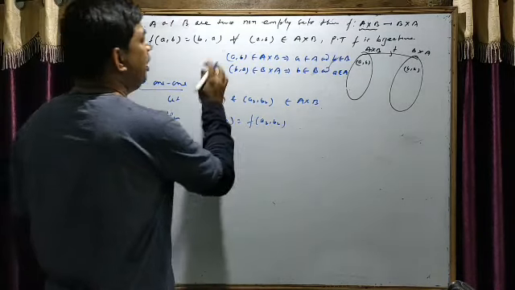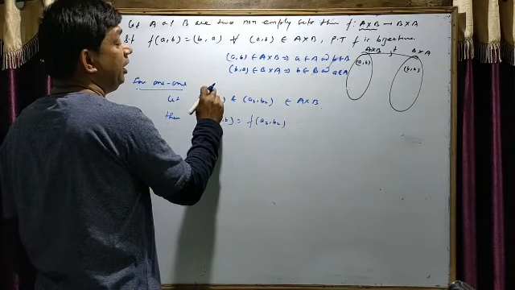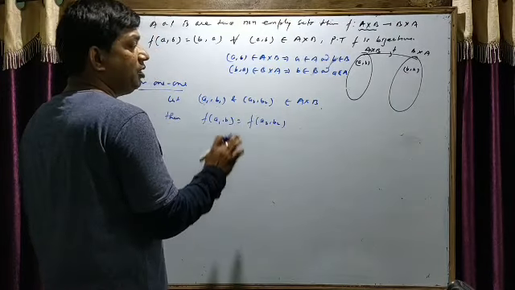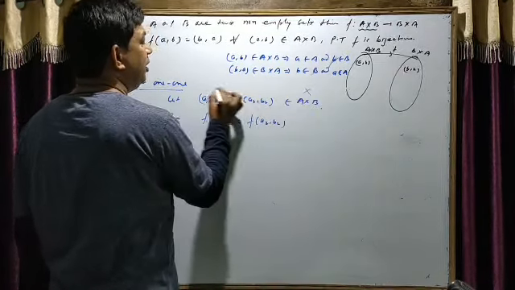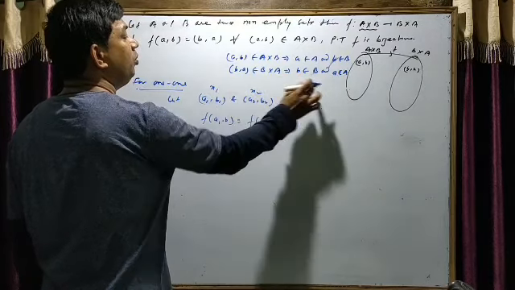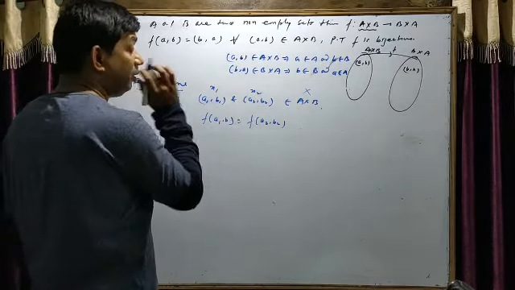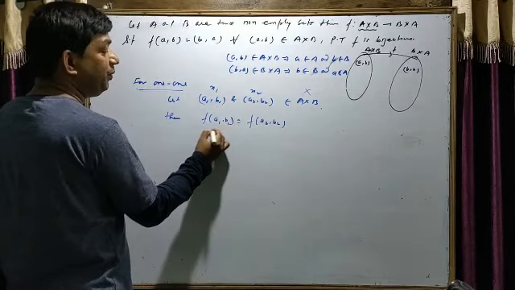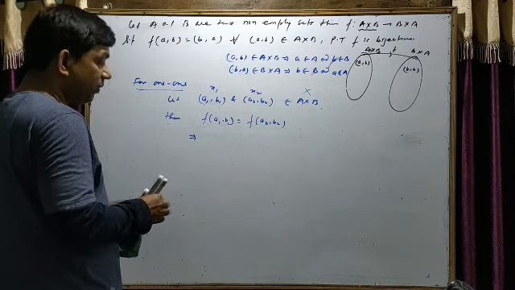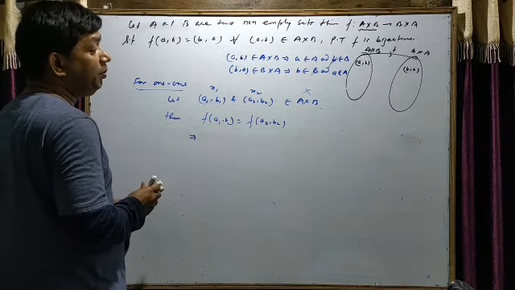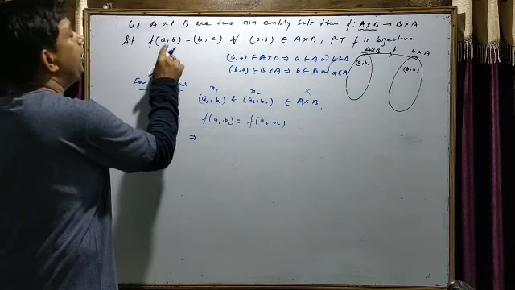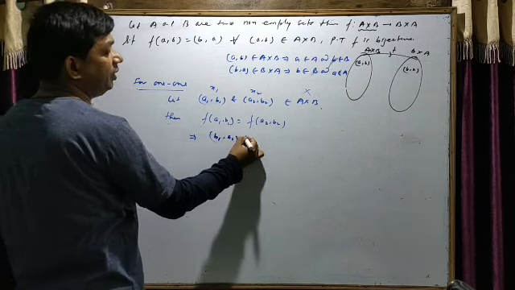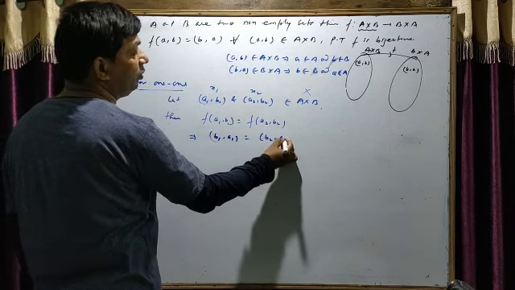The thing is almost the same as earlier, where we had taken x1, x2 belongs to A cross A, x1, x2 belonging to A. So in that place, suppose this is x, this is x1, this is x2. Then I have to take f of x1 equal to f of x2, same thing. So this implies f of (a1, b1), by definition, the things will be reversed. So this is (b1, a1) equal to (b2, a2).